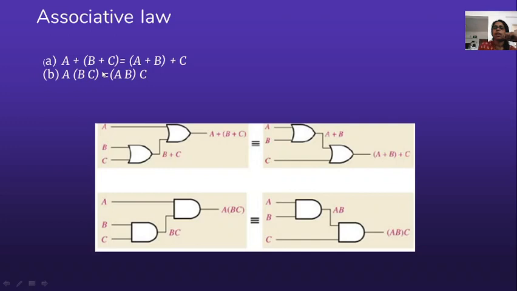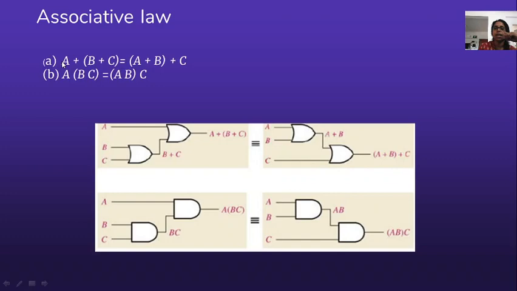Second one: A and B and C is equal to A and B and C. So let's see the logical circuit form. Here you see two plus signs. What does that mean? It will have two OR gates. Two plus signs remind us that we need two OR gates.